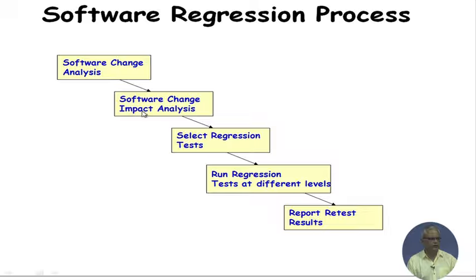Based on the impacted code and the test cases which execute this impacted code, we make the regression test selection, and then we run the regression tests and report and retest the results.